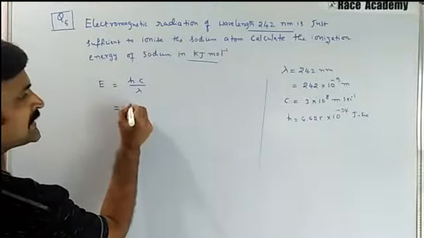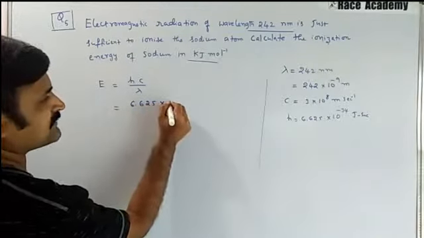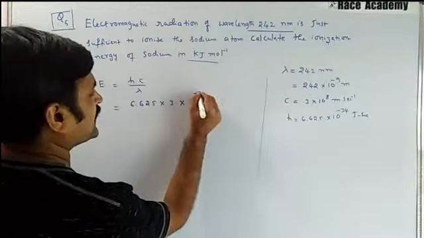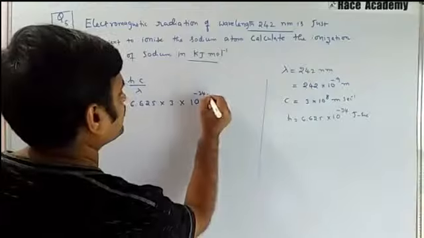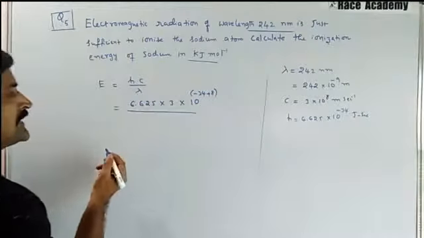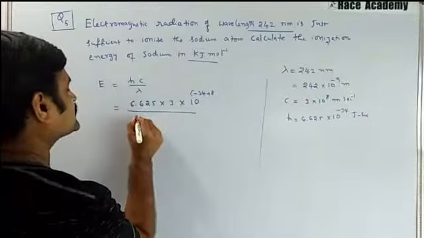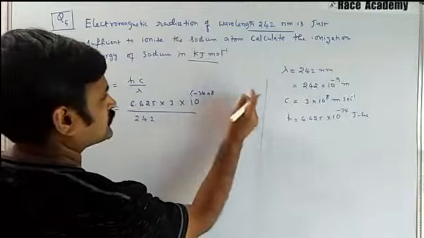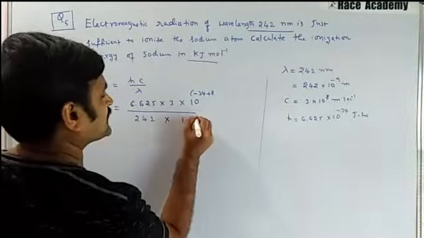I'll substitute here: the h value is 6.625 into 10 power minus 34, the c value is 3 into 10 to the power of 8, divided by the lambda value. What is the lambda value? That is 242 into 10 power minus 9.